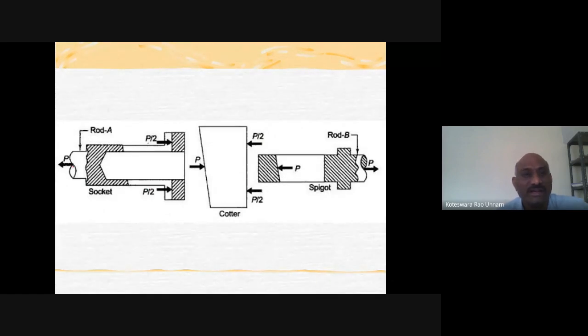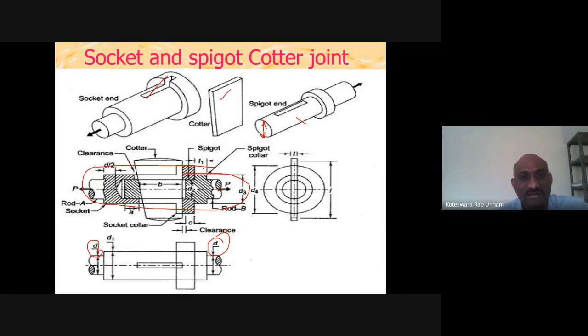So here it is subjected to P. Then if you look here, there is a contact between this socket and spigot at this location. This collar will come and touch this one, so this is the contact surface. Here it will exert some reaction. So there is a reaction between the spigot and the socket.